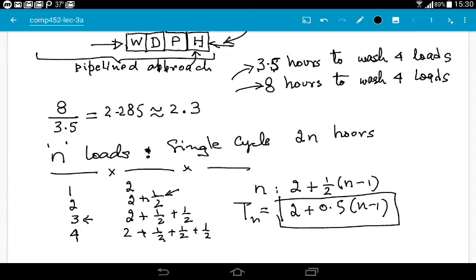And Tn is equal to 2n hours for single cycle.